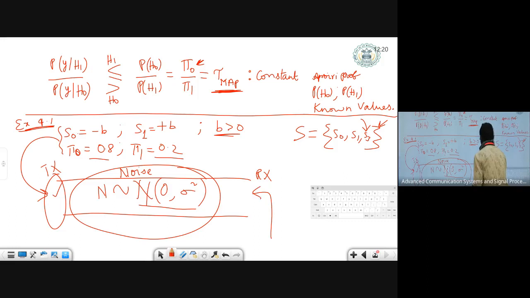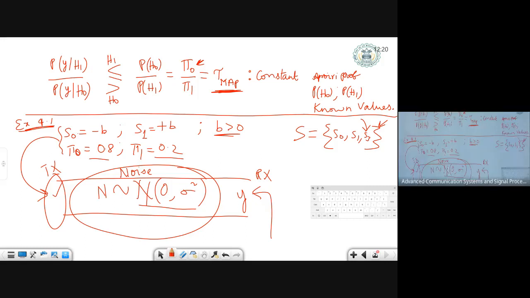Once I receive the sample y, what should be the decision that I am supposed to take for this particular case of communication, and how will the MAP detector help us to resolve this problem? Is the question clear to you? Yes, sir. Okay, fine. Let us go ahead.